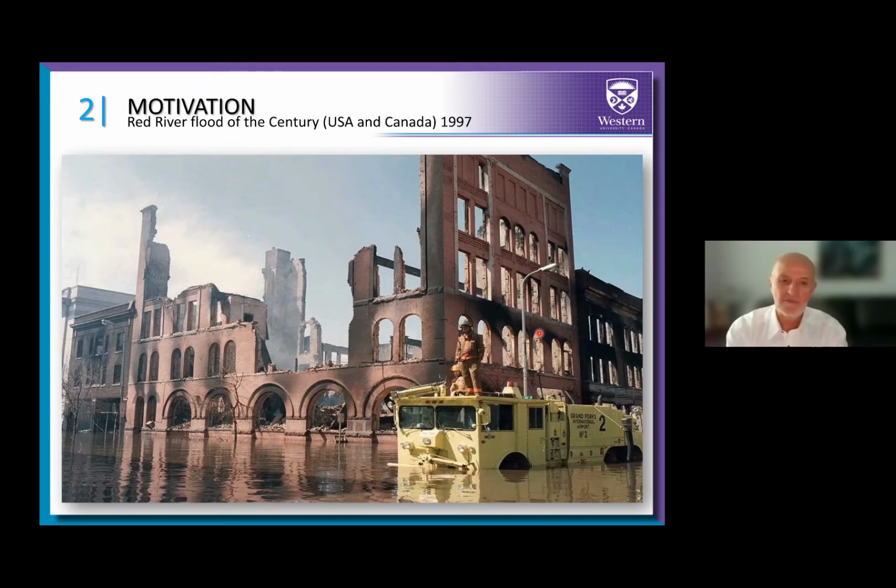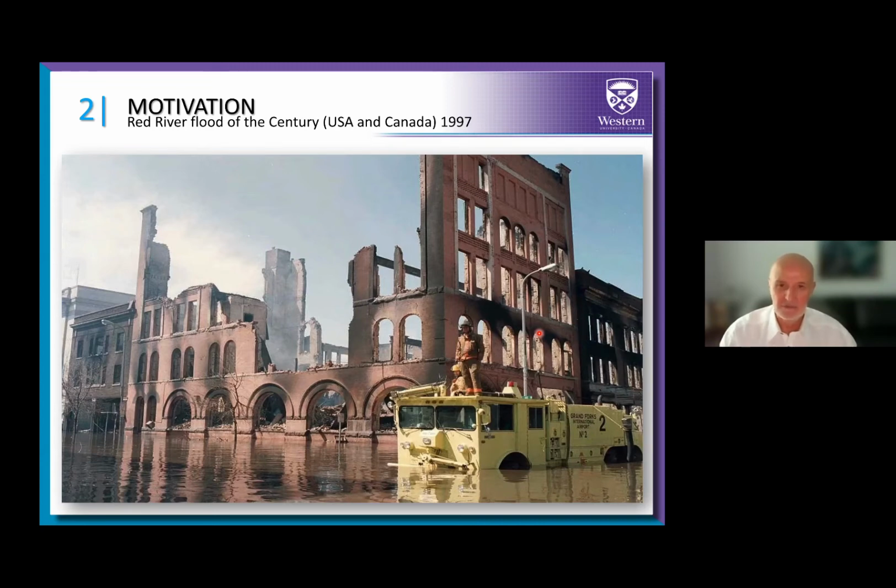One small city very close to the border between the US and Canada experienced what you see. The whole downtown disappeared in flames because the firefighters were not able to reach the downtown and take care of the fire due to the flood.